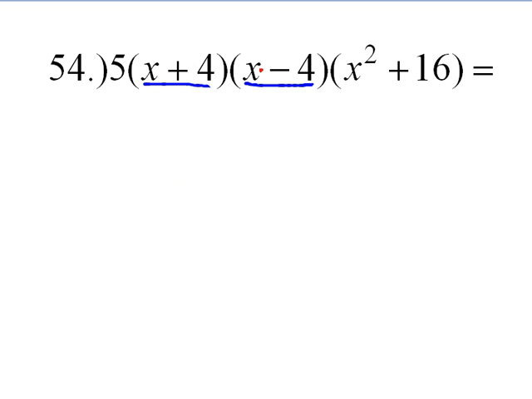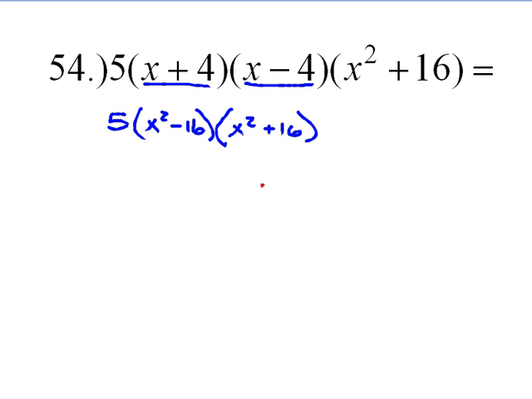We know that as the difference of squares. Did you pick up on it? So let's rewrite this as 5 times x squared minus 16. And we still have to multiply by x squared plus 16.